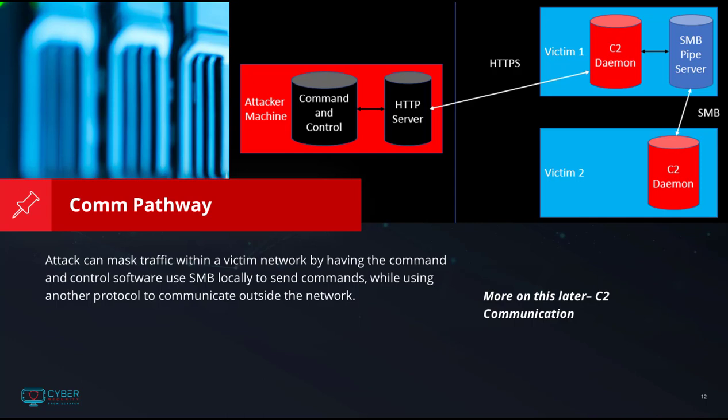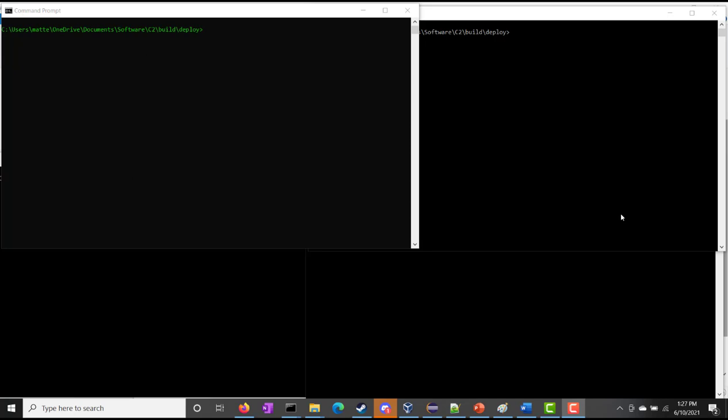Now, behind the firewall within the network, the attacker is using SMB to hide communications. So an SMB named pipe server has been set up, and all of the daemons that are operating elsewhere in the network are using SMB to communicate amongst each other, and then any instructions that are going to the outside are being aggregated by that central host. Let's see a demonstration of SMB used for communications.